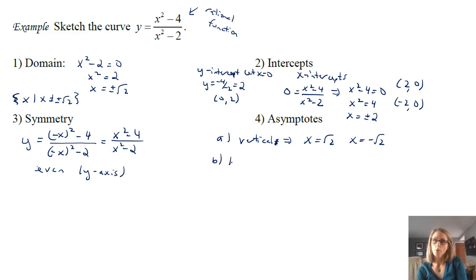In terms of horizontal asymptotes, we know that we will have them because we have a rational function, and we learned this when we talked about limits to infinity. We will not have a slant or an oblique asymptote because the degrees are the same.